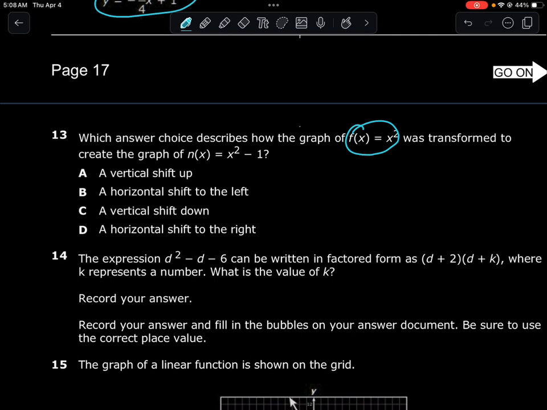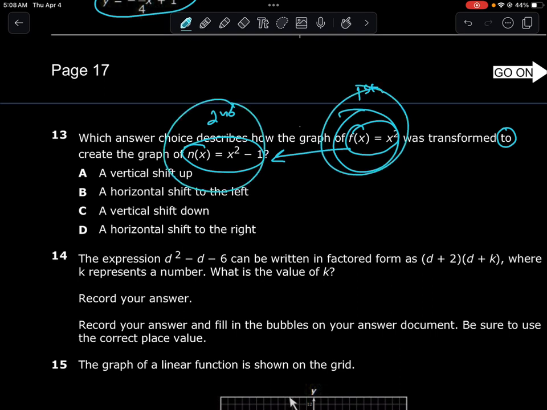This one is transformed to that one, so goes this way. That's first and that's second. Okay, from this one I get this one. That's the key word to know what they're asking you to do.